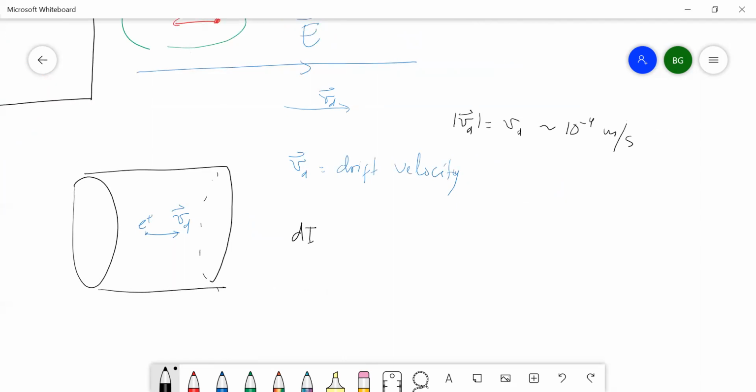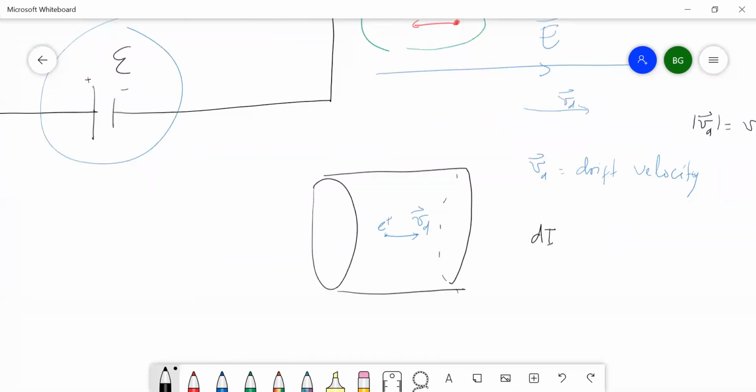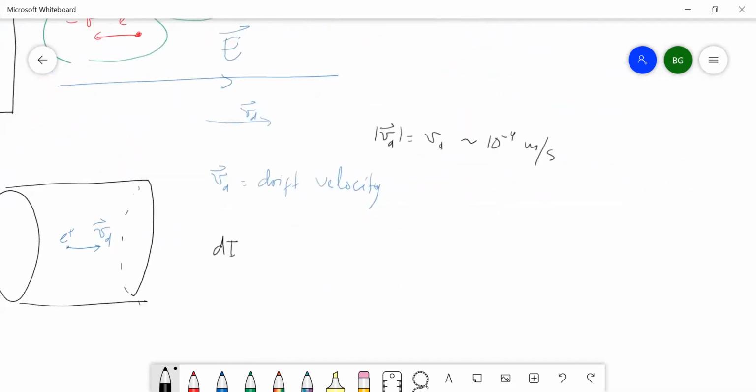It's very slow compared to the walking speed. The random velocity v is around 10 to the 6 meter per second. It's very fast. The drift velocity is 10 to the minus 4 or minus 5 meter per second. It's very slow.